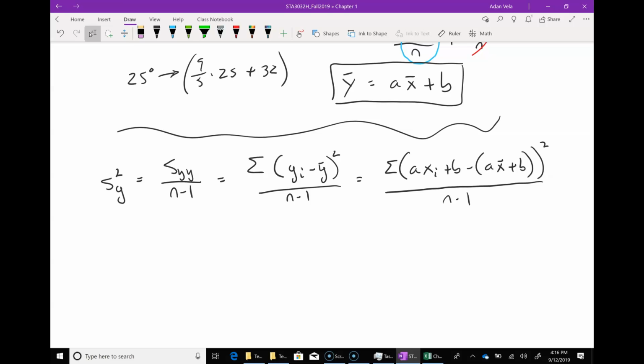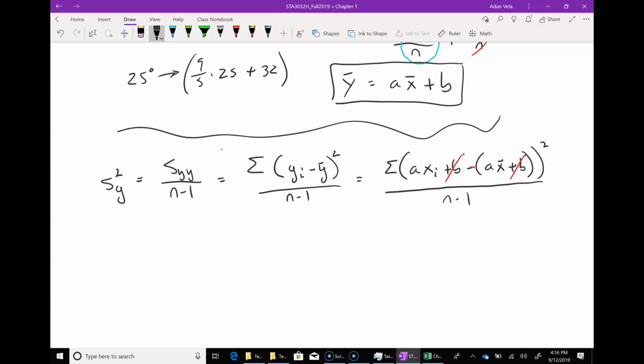What I'm going to do is group all the a parts with the a parts and the b parts with the b parts. In fact, the b parts just cancel out, because we have the subtraction here: we minus the b and minus the b, so it's gone.